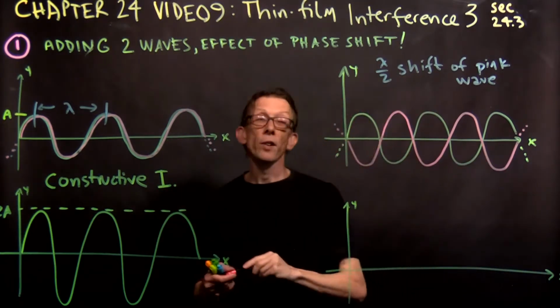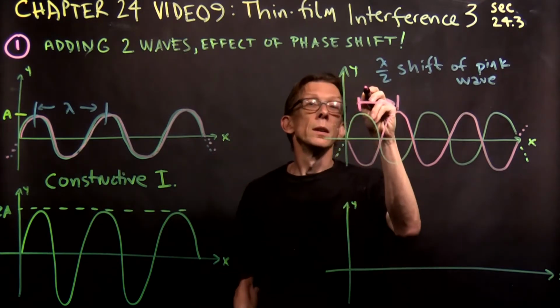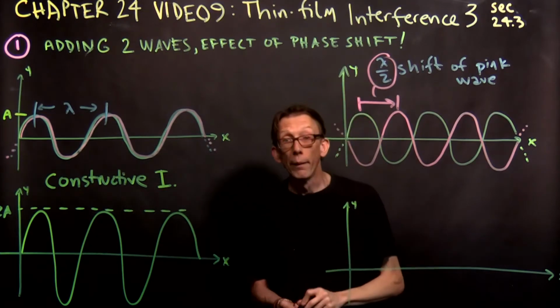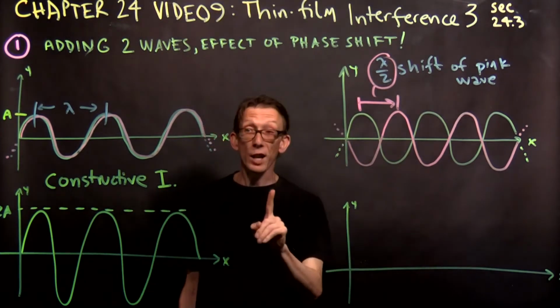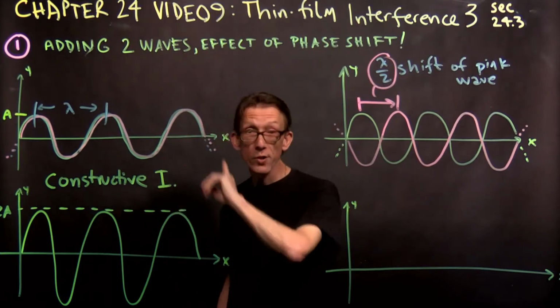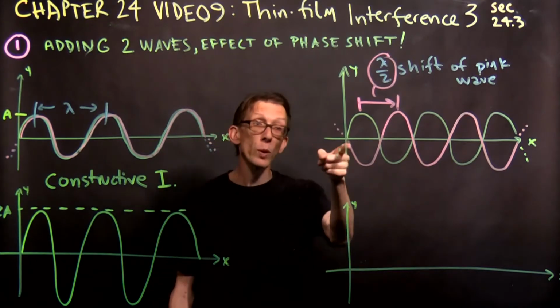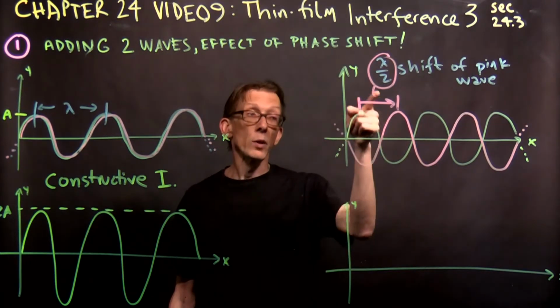So we've taken the pink wave and shifted it lambda over 2, 1/2 of a wavelength. That leads us from a situation of constructive interference to destructive interference. Here we have positives adding with negatives, negatives adding with positives.